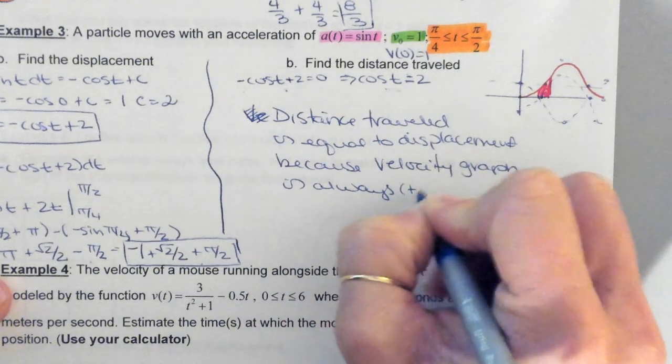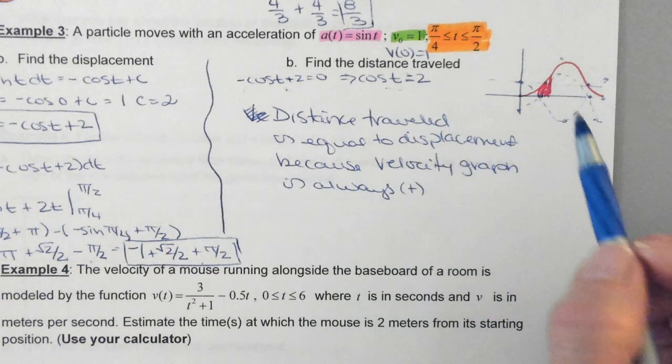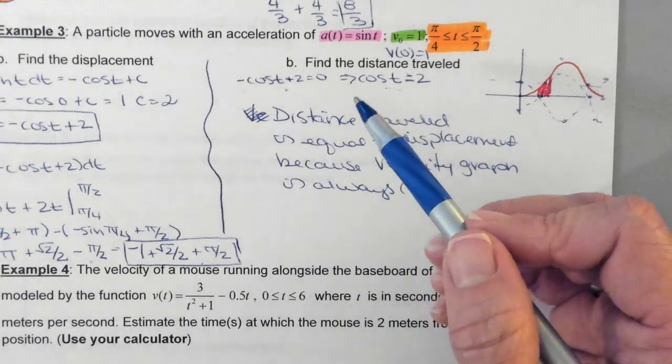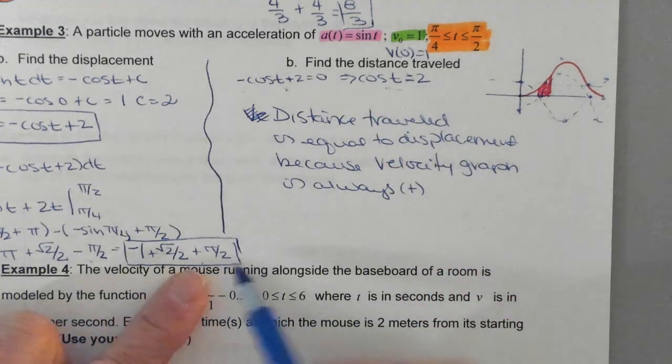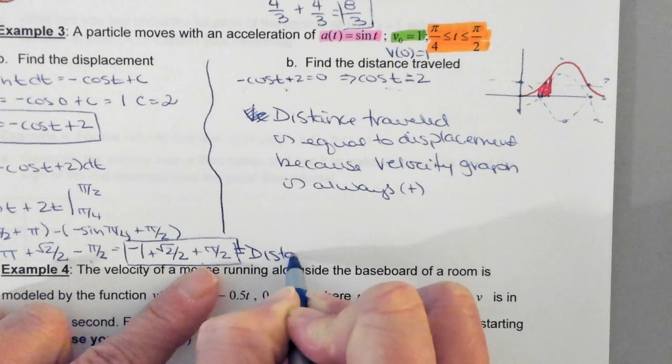The reason is that it's going to go back up and go back down, and back up and back down. It's above the x-axis, so it's never going to be negative. So this right here is also equal to the distance traveled.